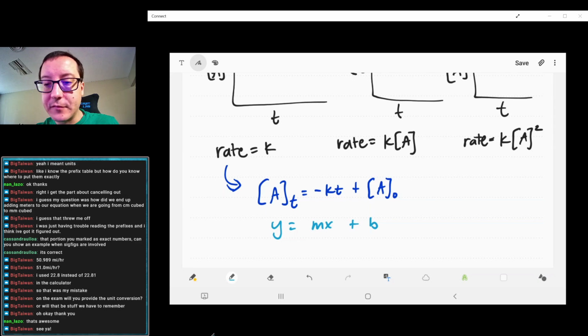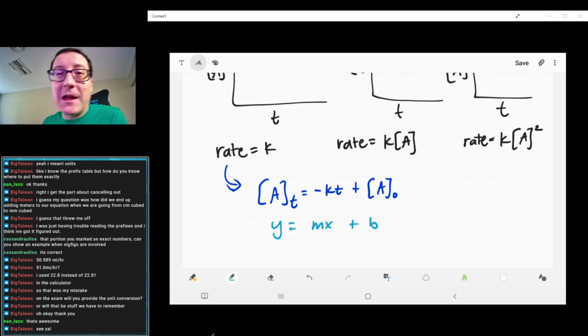So, cool. If you're given data, which, hint, on your homework you will be given data, and on your exam too, I guess I can throw that out there. You're going to want to make sure you're comfortable graphing all these things.